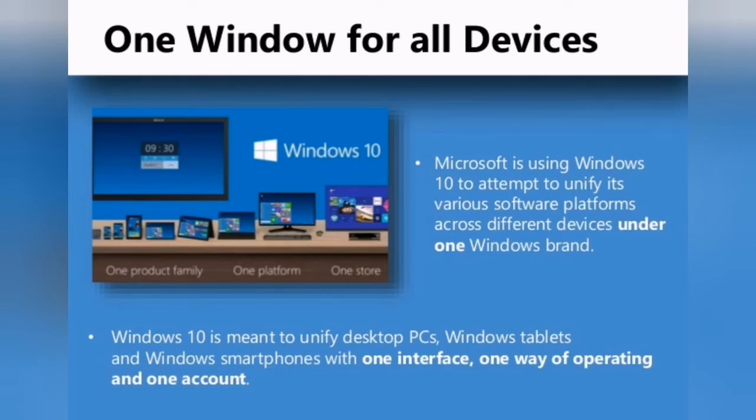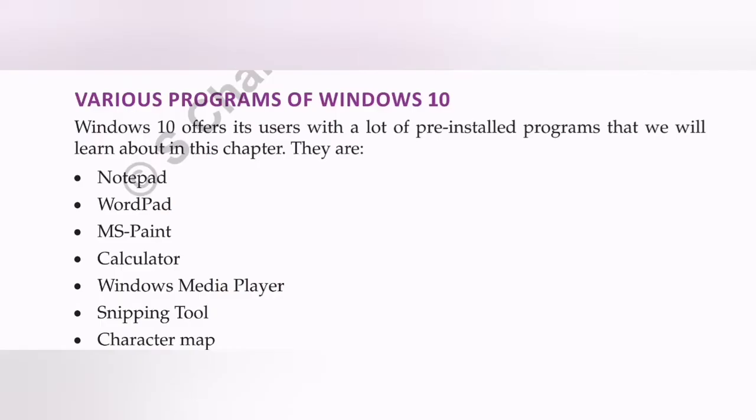It is one window for all the devices, meaning in one window we can do all the things. Windows 10 is meant to unify desktop PCs, tablets, smartphones, with one way of operating and one account. And there are various programs that can run in Windows 10 like Notepad, WordPad, MS Paint, Calculator, Media Player, Snipping Tool, Character Map, like that.